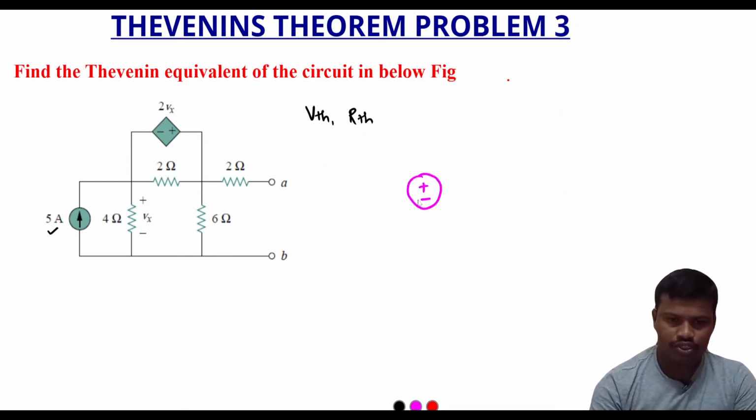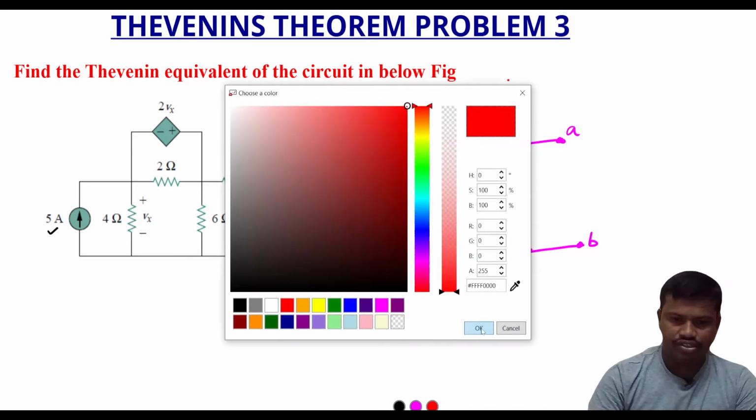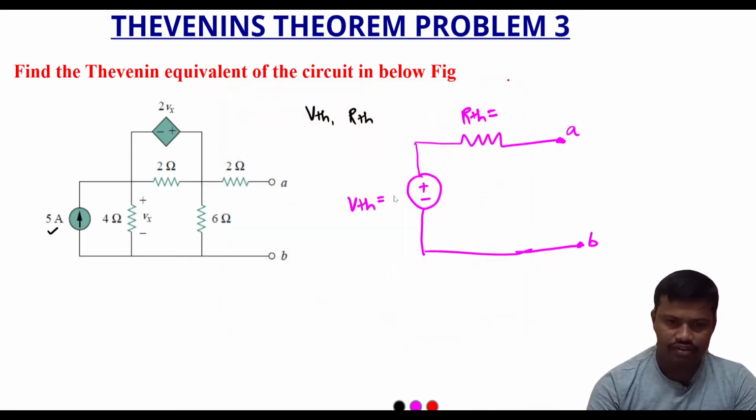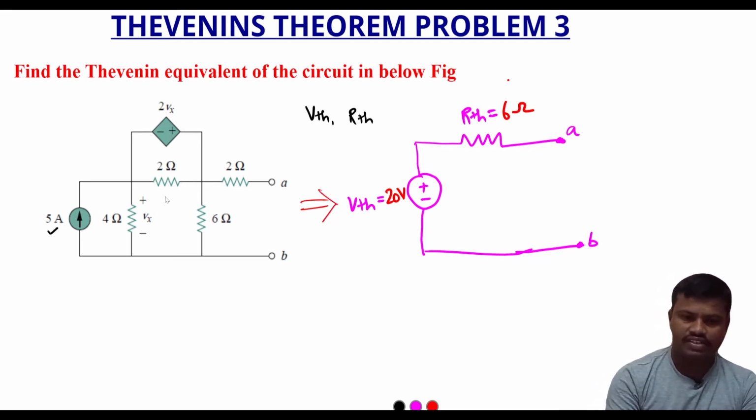Let us say this is the voltage source, that is VTH, and one resistor is to be connected in series with the voltage source, and this is terminal A and this is terminal B. Now this is RTH. The value of VTH is equal to 20 volt, the value of RTH is equal to 6 ohm. So this is the Thevenin's equivalent circuit of the given circuit diagram.